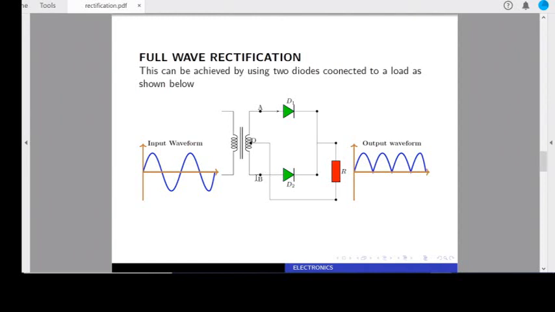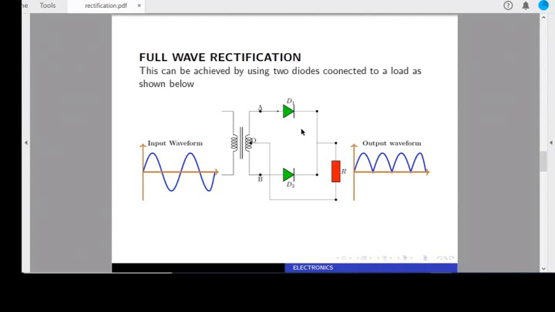The current passes through the diode, passes through the load, and then goes back to the center tap. Now the current, when it reaches here, cannot pass through this other diode, because in that case we would have a reverse bias, and when it's a reverse bias, current cannot pass through.